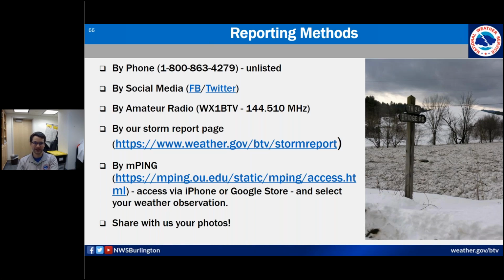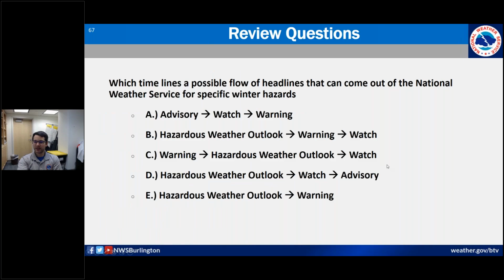We have multiple expert eyes that can take a look, and we can come to a consensus of what's being observed. And photos are really good with ice measurements as well. So that goes into the different processes for what kind of winter headlines we issue, how we communicate them, and how we use and collect reports from spotters.